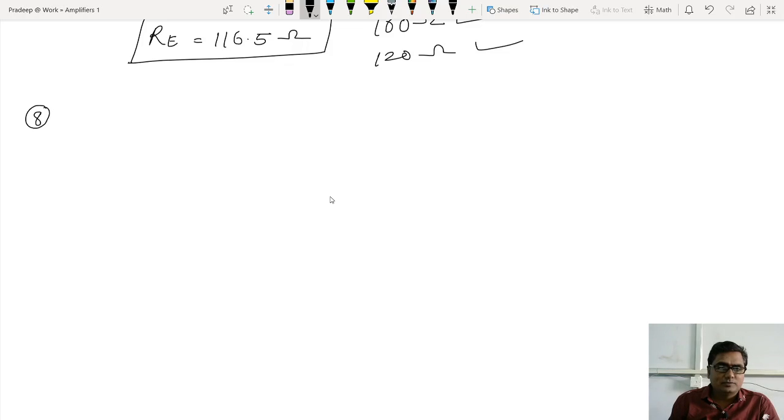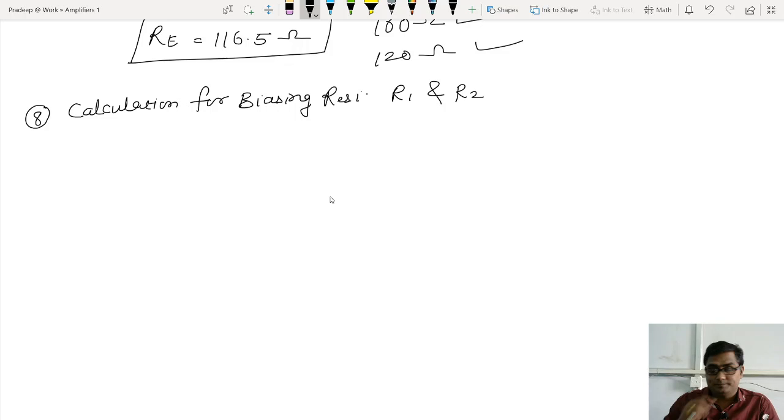Now from the input side we will write the calculation for biasing resistors, R1 and R2.